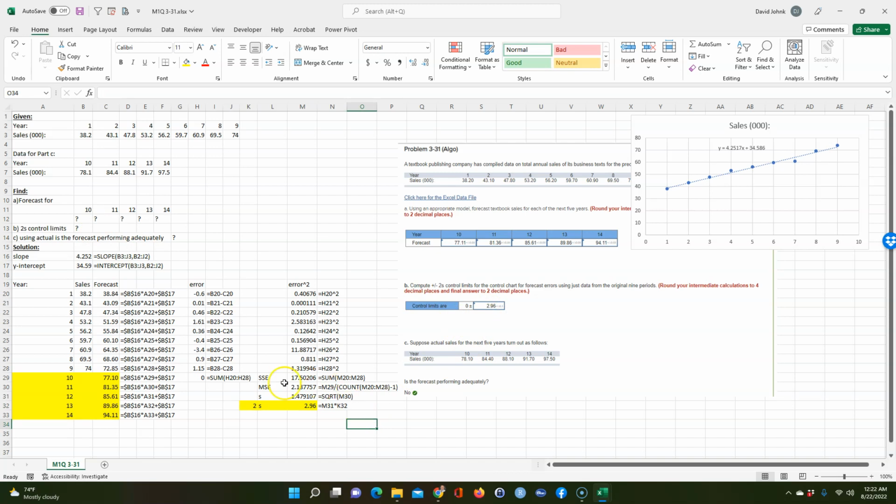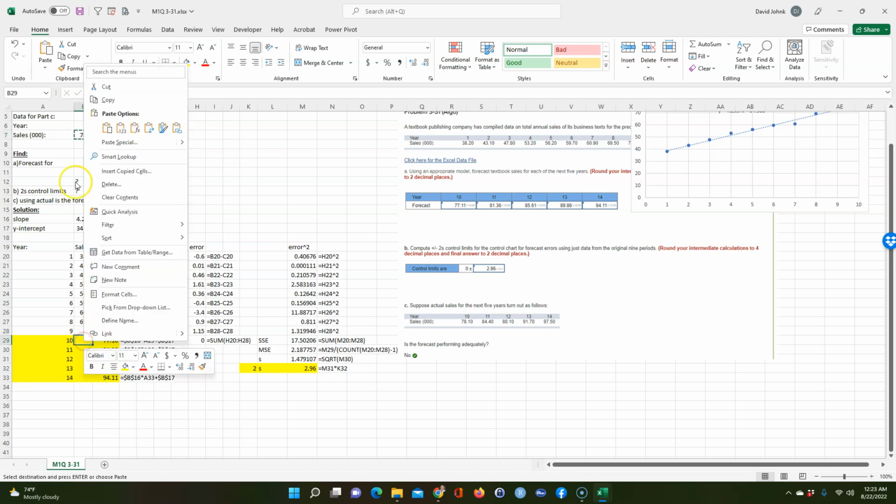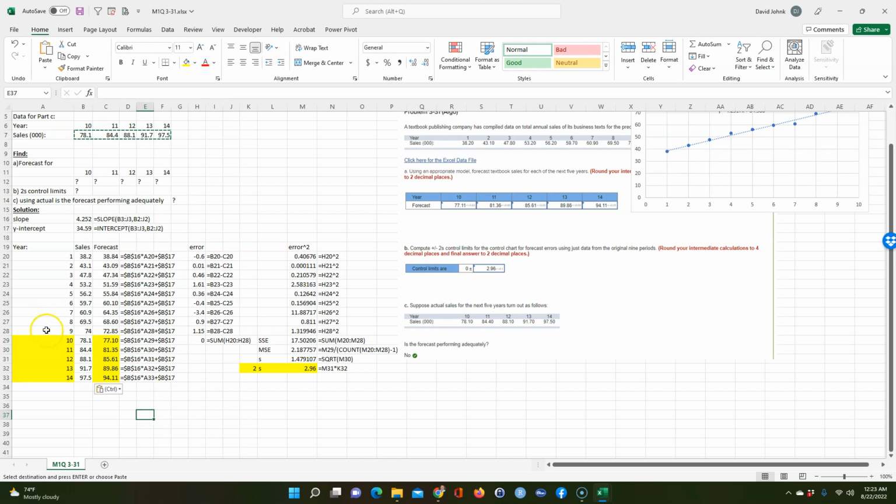Alright, so finally, now we have the actual numbers, and they gave us the actual numbers when I clicked on the Excel data file, which is right here. So now I find out, after the next 5 years, let me put a line under here so we know that these are the numbers I forecast. These are my actual. So the error, I'm going to get rid of this sum because you don't really need it. So the error is going to be, just copy that down, right?